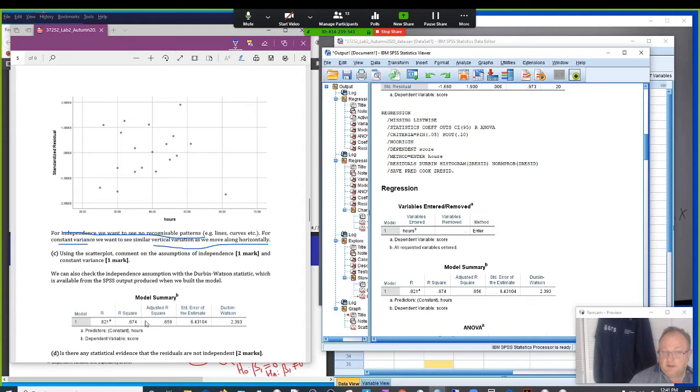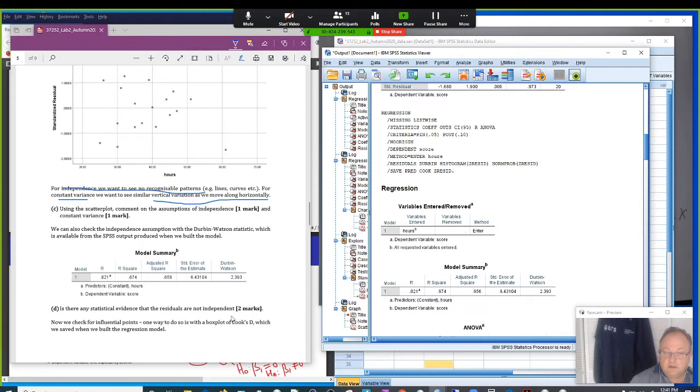We've seen R square, we've seen our standard error and our DW statistic. So 2.393 gives us an indicator that there's not sufficient evidence that the residuals are not independent.